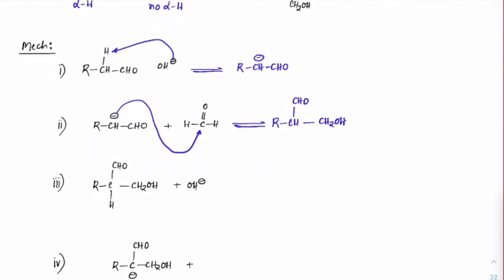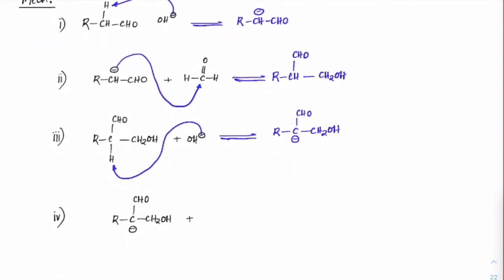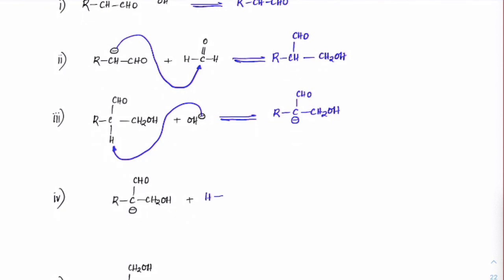Now this aldol still has an alpha hydrogen here. So further OH minus will attack to remove that. So we will get this as R C CHO minus, CH2OH. Again we have enolate ion formation here. If you treat that with HC double bond O, this will again attack here.